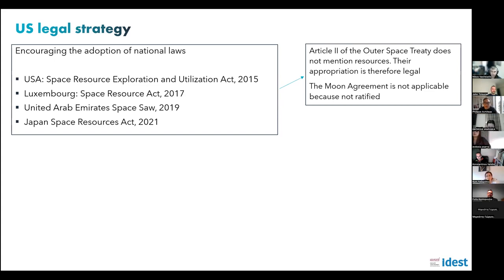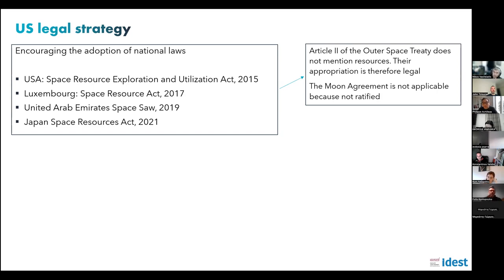The Outer Space Treaty does not prohibit the exploitation of resources of the Moon, because Article 2 on non-appropriation of outer space does not address the issue of the resources.